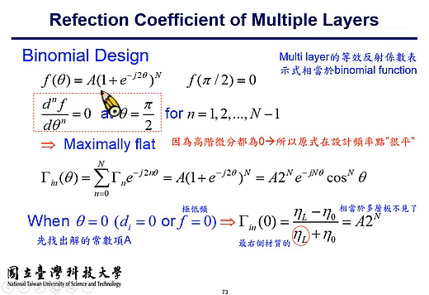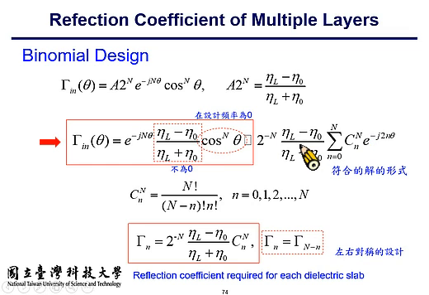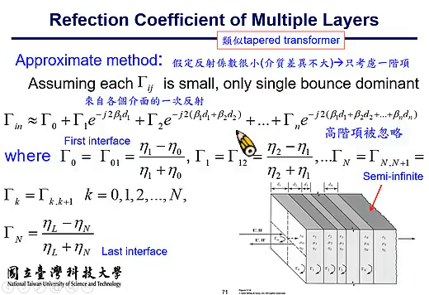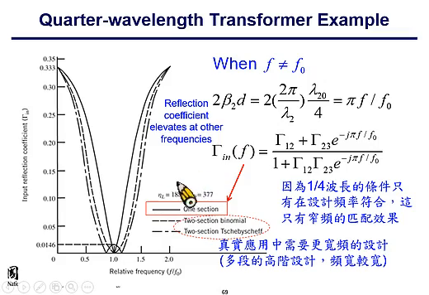So here is kind of a review of the binomial design. I won't go into the detail of this, so let's just check out the result of binomial design. So, well, what is the binomial design?